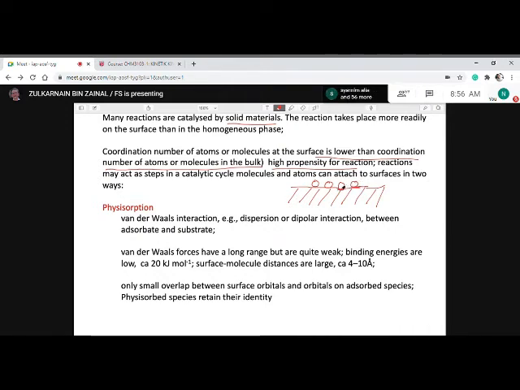Only part of the molecule is interacting with the surface, not the whole molecule. That's why the coordination number of atoms on the surface is lower than that of atoms inside, in the bulk of the material. Inside the material you have interaction with all sides; on the surface it's just on the surface.